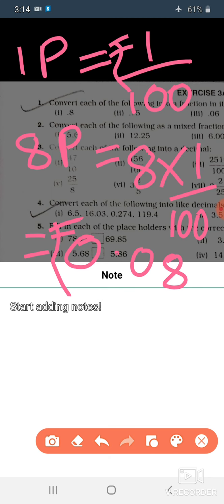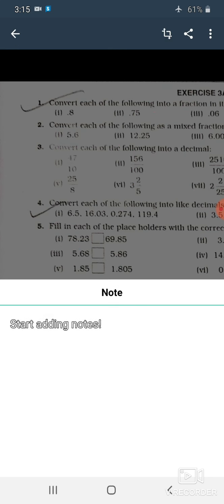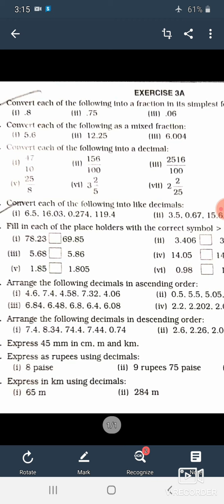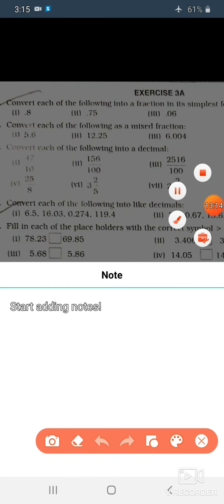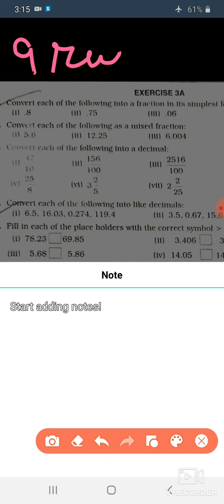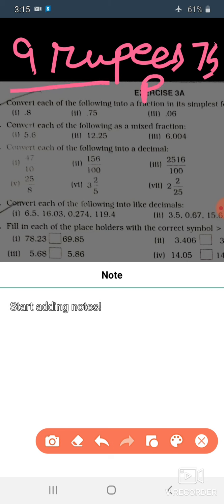Fine, let's solve the next question of it. Next question is 9 rupees 75 paise. 9 rupees is already in rupee, so we don't need to convert it.